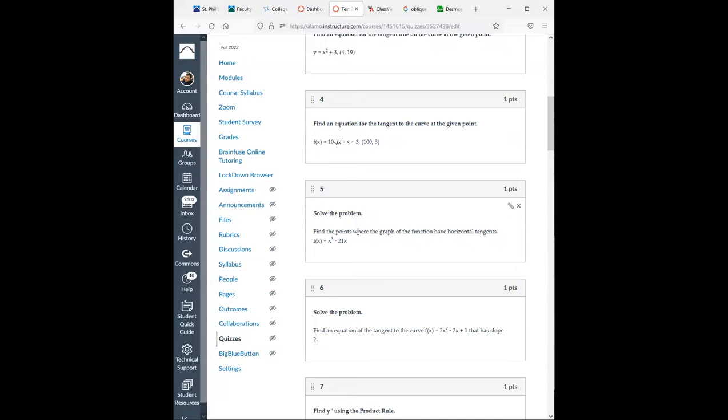Find the points where the graph of the function have horizontal tangents.